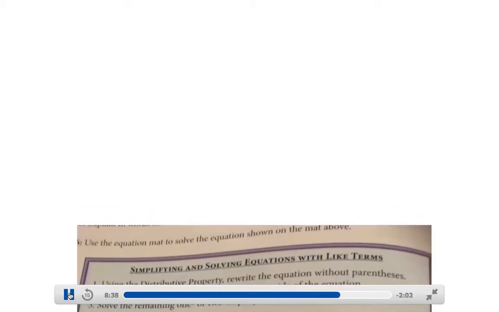On number 4, there are parentheses. Okay, so there are parentheses. 2 parentheses x minus 8.